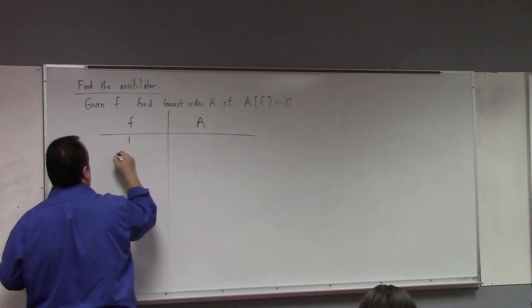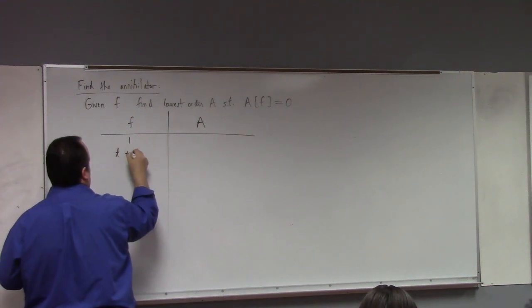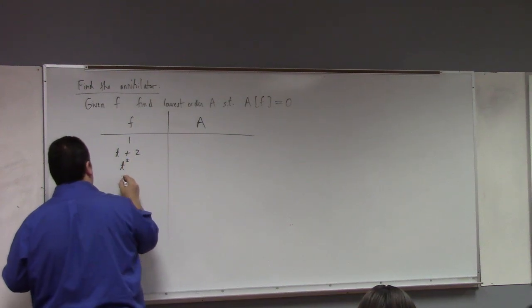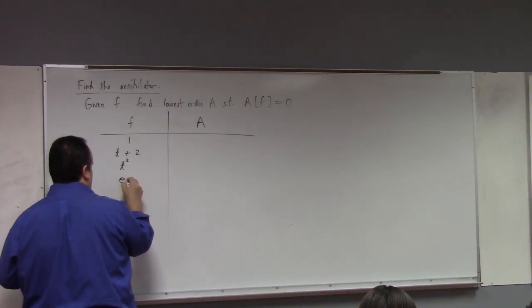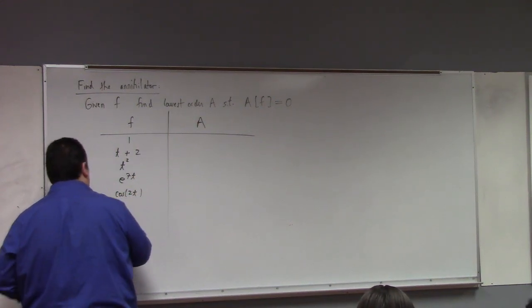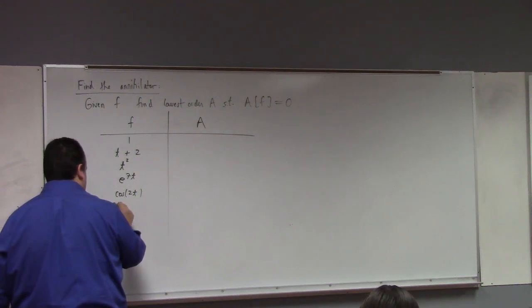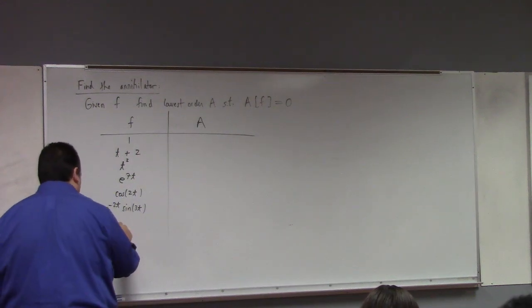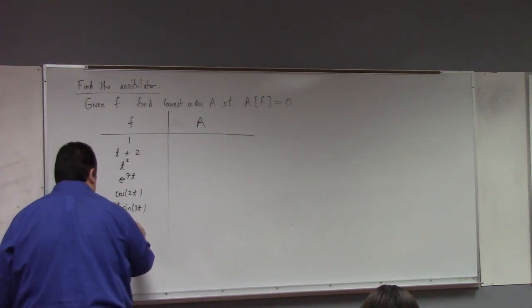So we'll start out with 1, t plus 2, t squared, e to the 7t, cosine of 2t, e to the minus 2t sine 3t, t squared cos t.